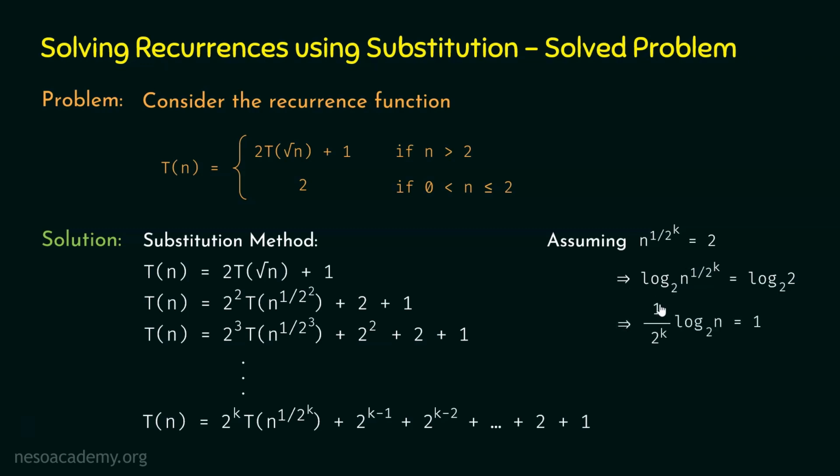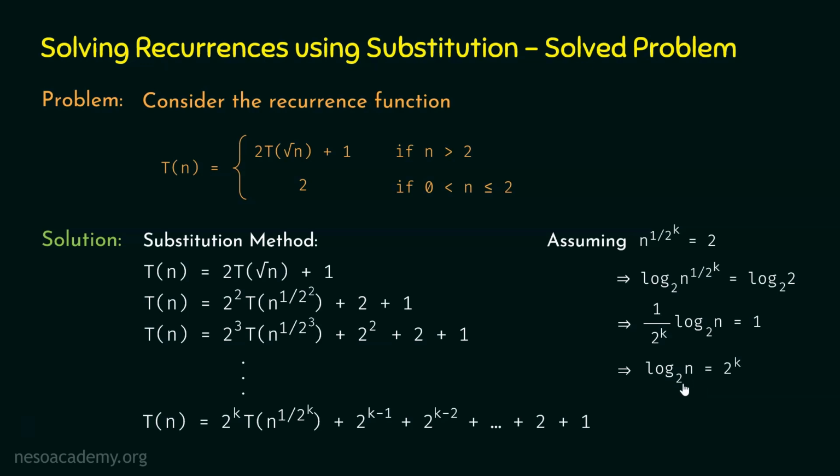So we are getting 1 by 2 power k times log n base 2, and this is equal to 1. Now we can multiply 2 power k on both sides. After multiplying 2 power k on both sides, we will get log n base 2 on the left hand side, and on the right hand side we will get 2 power k. So we are getting log n base 2 equal to 2 power k.